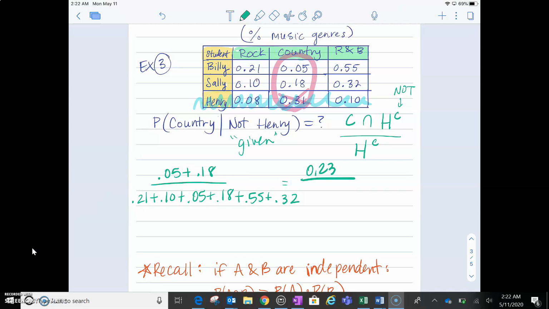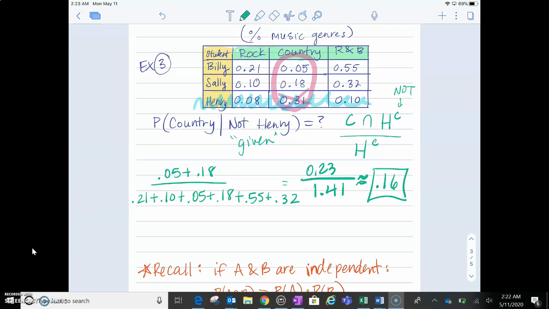On the bottom, we need 0.21 plus 0.10 plus 0.05 plus 0.18 plus 0.55 plus 0.32 equals 1.41. Now we just divide. 0.23 divided by 1.41 is 0.16. Ta-da! Or approximately 16%, because it's actually 0.16312, and so on.